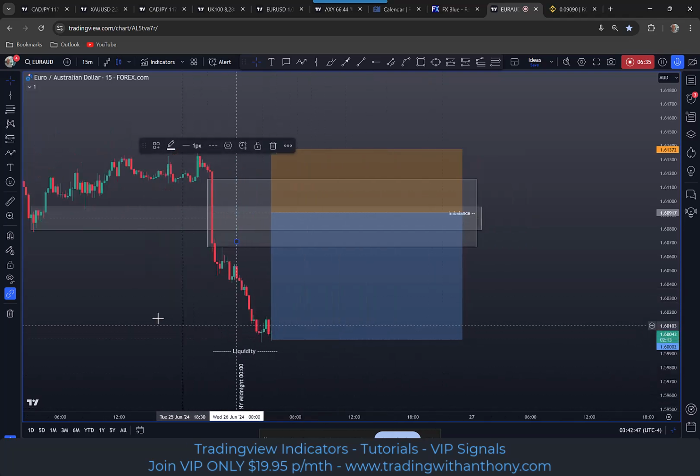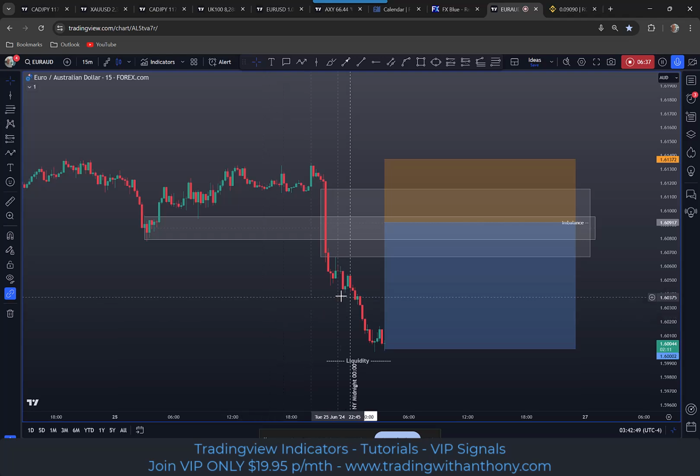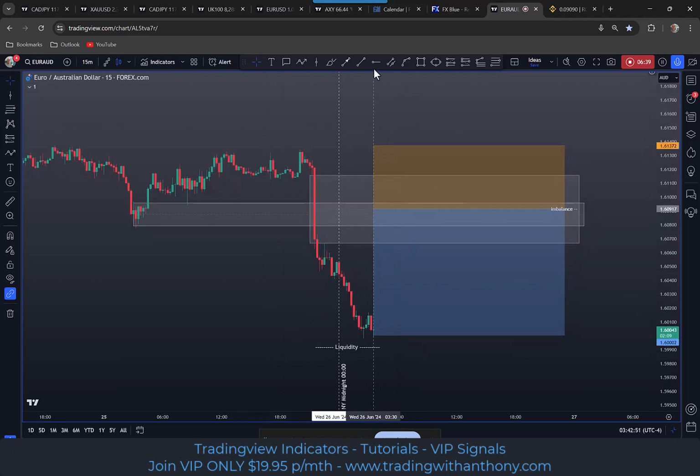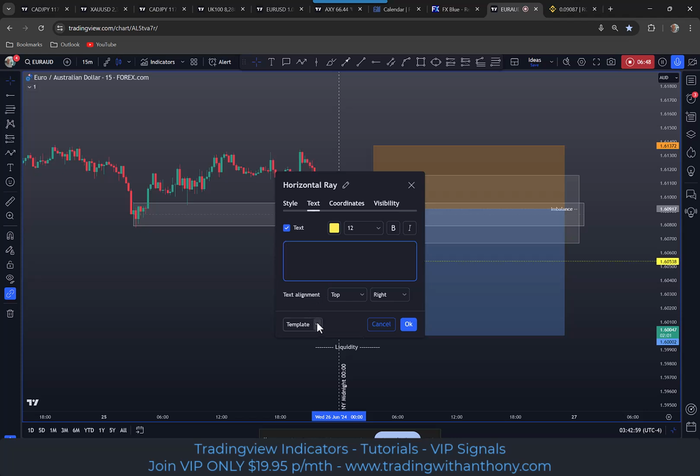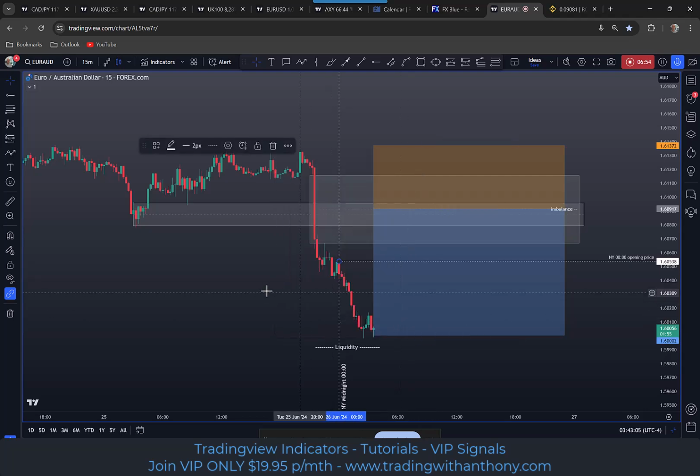On the 15-minute time frame, where did this open? It opened right there. This is New York opening time, so we got the midnight open price right there.